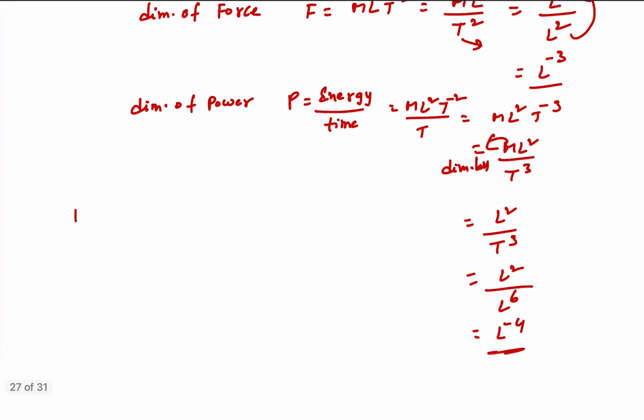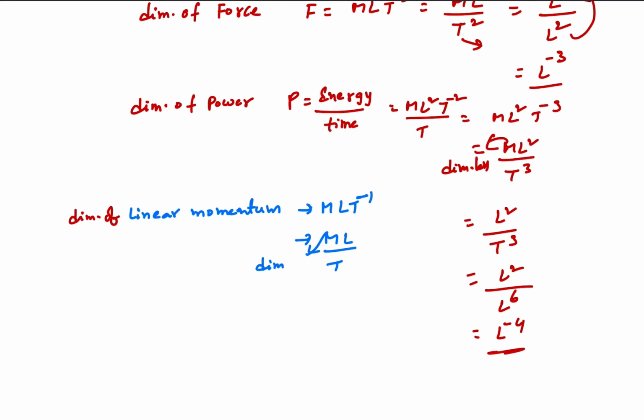Next, dimension of linear momentum. Linear momentum P, dimension is m L t power minus 1.